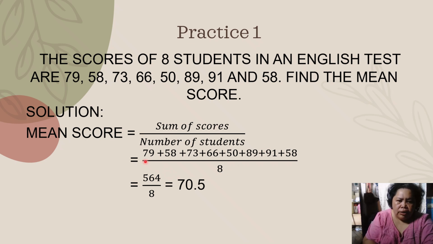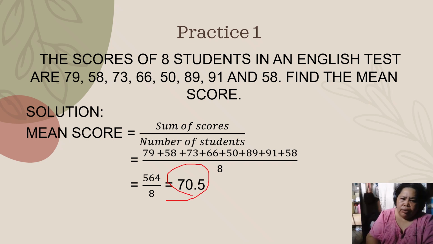So we add all: 79 plus 58 plus 73 plus 66 plus 50 plus 80 plus 89 plus 91 plus 58, divided by 8. That's 564 divided by 8, or about 70.5. So the mean score of the 8 students is 70.5.